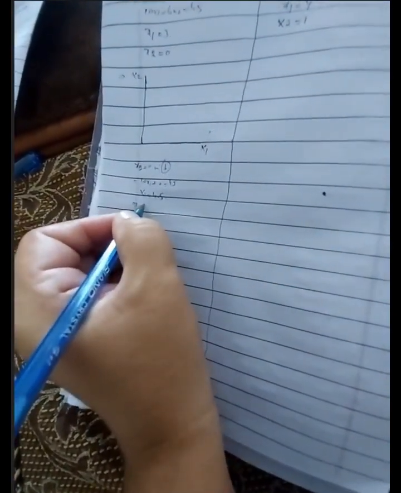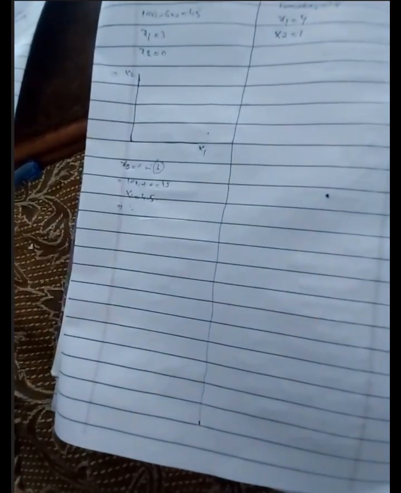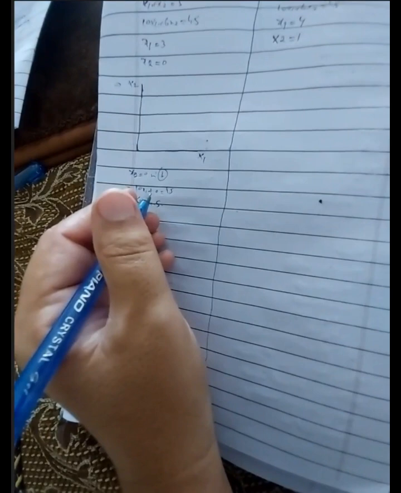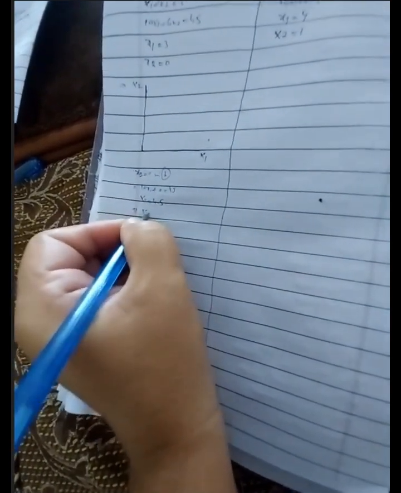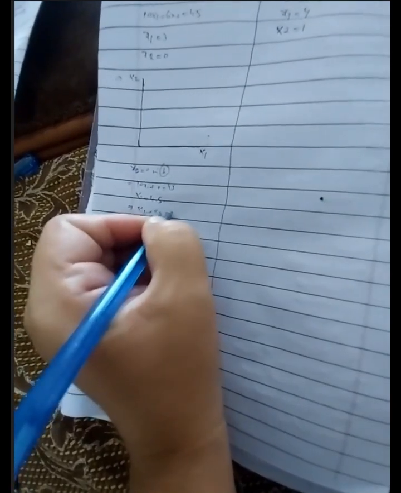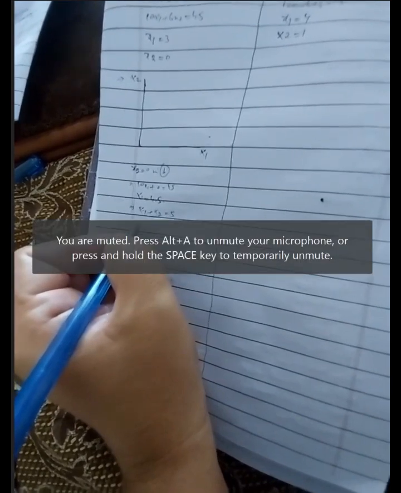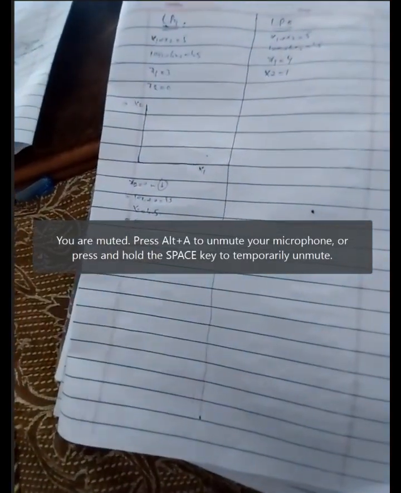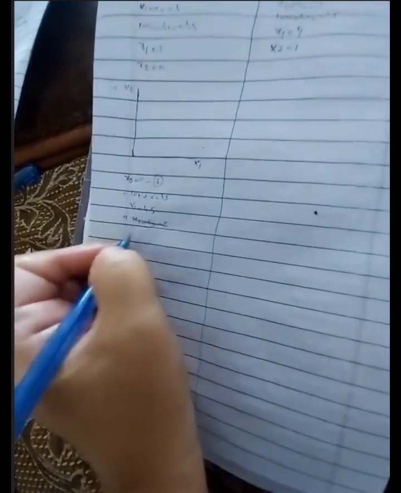Now putting x1 plus x2 is equal to 5. Okay, sorry.